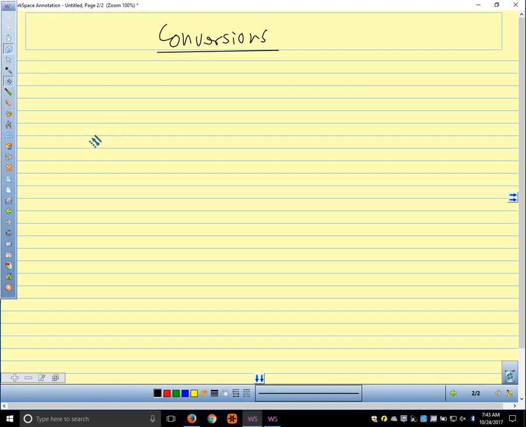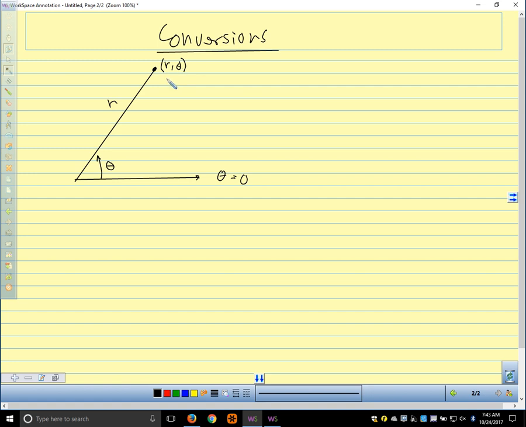All right, so our coordinate conversions come from taking our little drawing that we had here. So this is our theta equals 0 axis. This is our theta, and this is our point, (r, theta), or (x, y) in rectangular coordinates. And we're going to turn this into a right triangle.